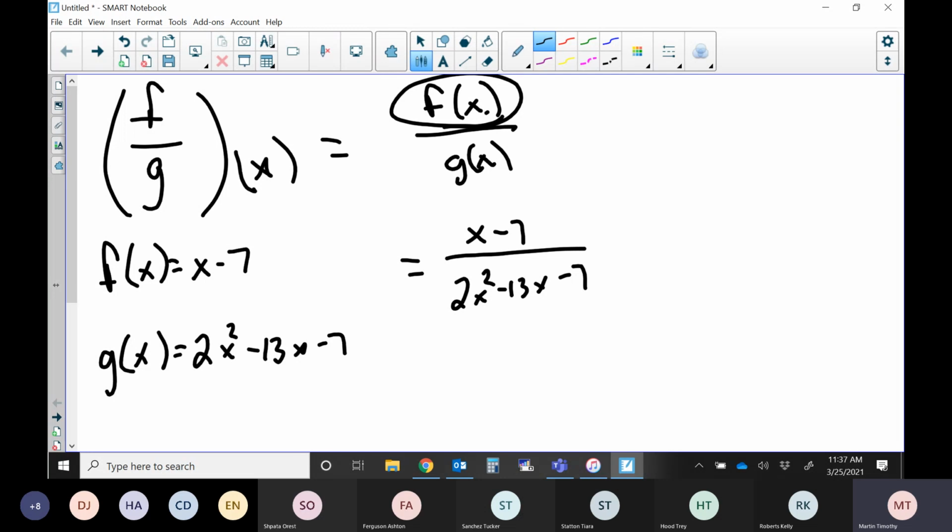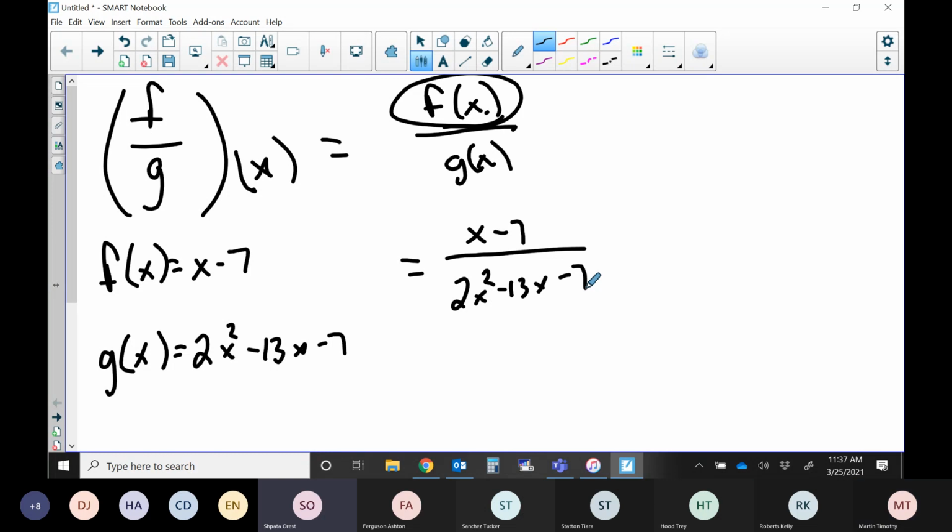And what do you think we're going to have to do here now? Now the new formatting is done, now old math kicks in. You do x minus 7 over 1 divided by 1 over 2x squared minus 13x minus 7.